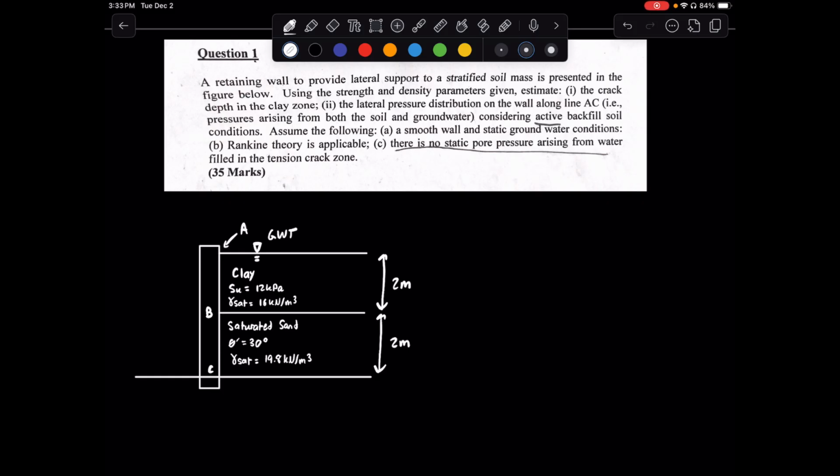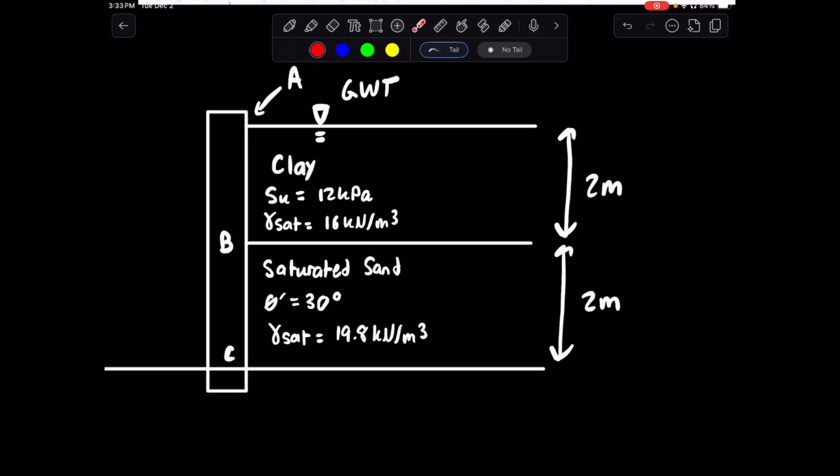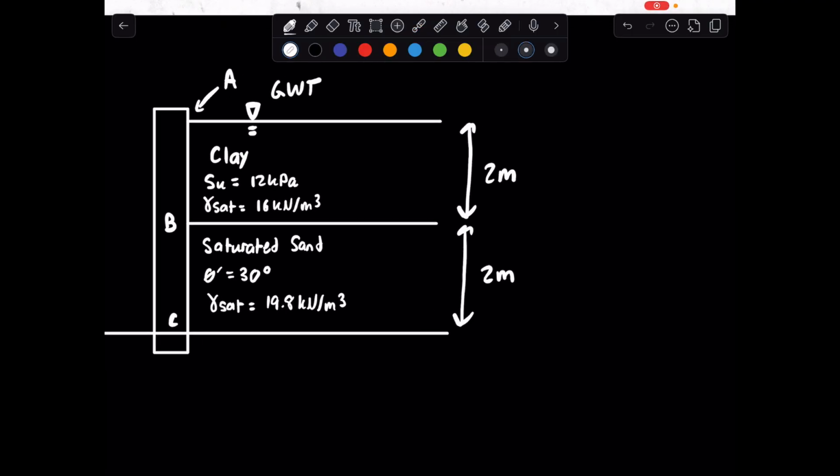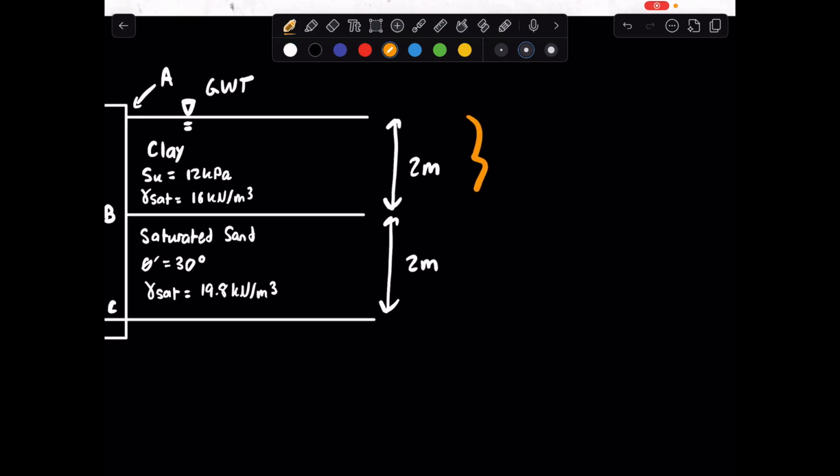The biggest thing we need to take note of is that when we look at this soil strata, we have an SU value here. When you see SU, it always means you're going to be using total stress analysis.